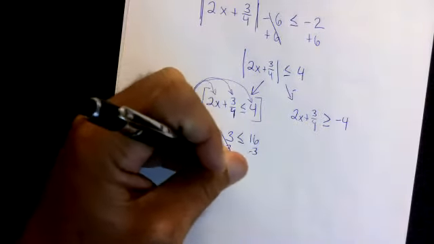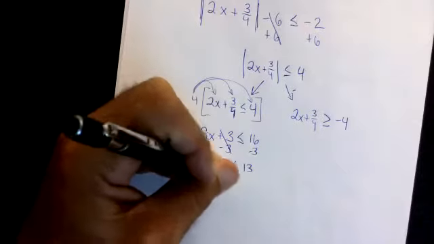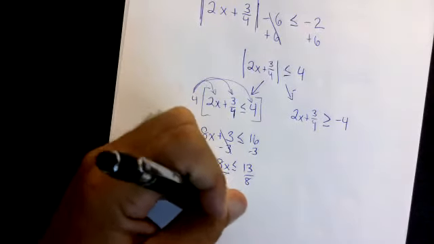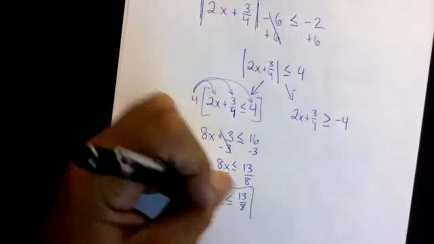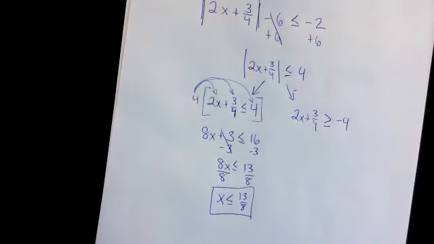Subtract 3. Divide by 8. X is less than or equal to 13/8, or 1 5/8. I think it's 1.625 as a decimal.